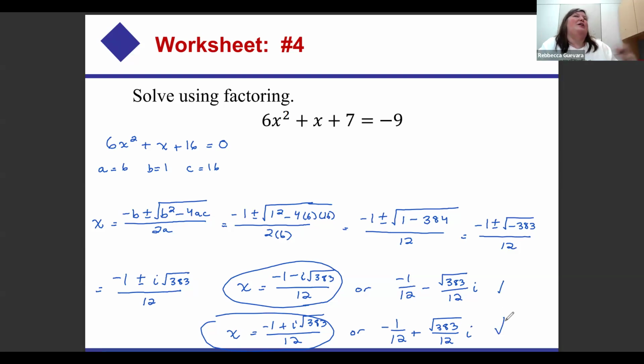So your roots are conjugate roots. So this frequently happens. Anytime that you have a polynomial or a quadratic that has all real numbers as your coefficients, you will have conjugate roots. Not only that, they're complex conjugate roots.